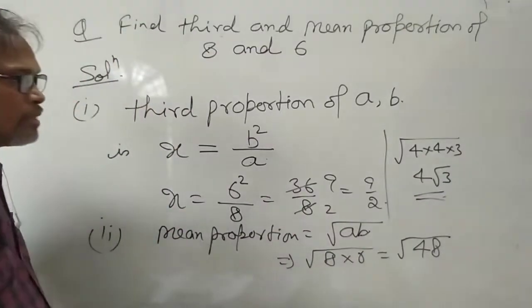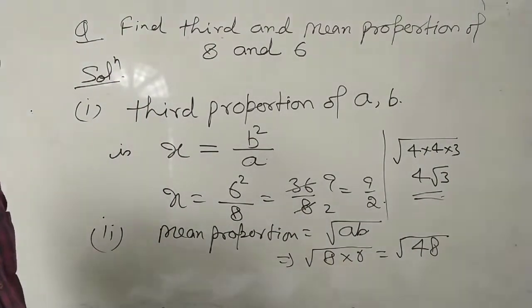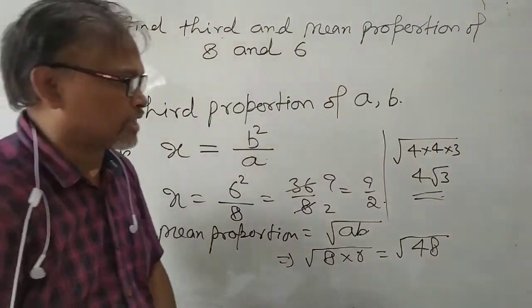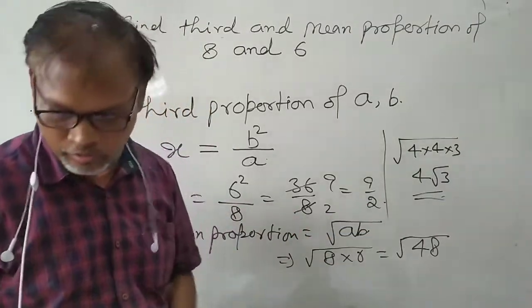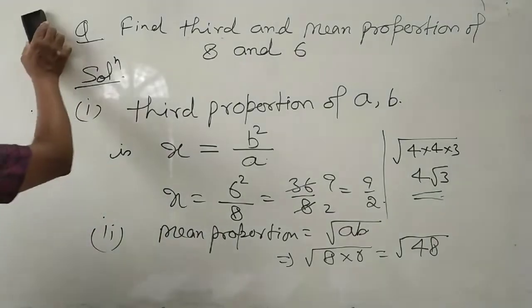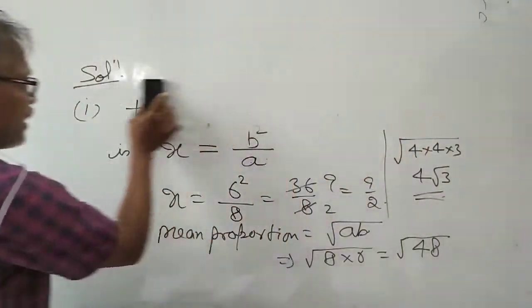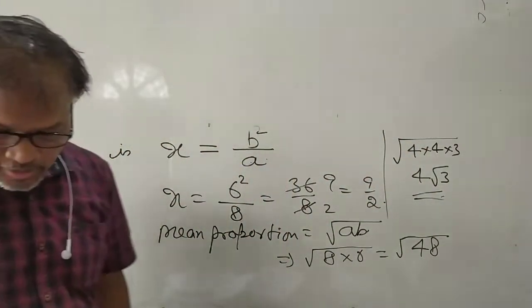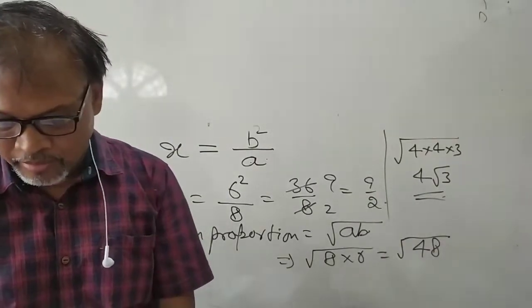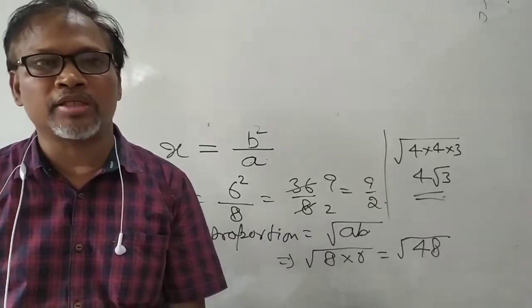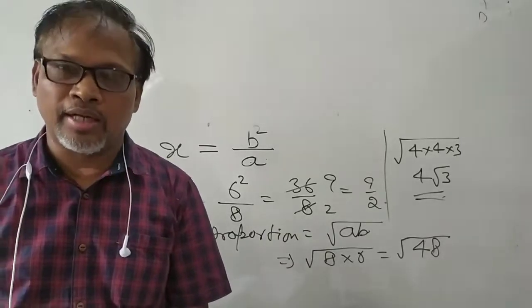So this is the mean proportion. It is not necessary that every time you get a perfect square inside the under root.